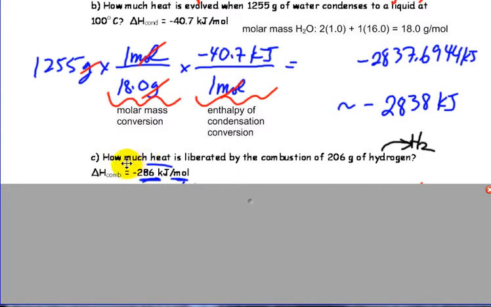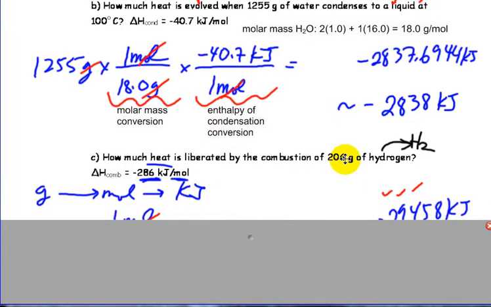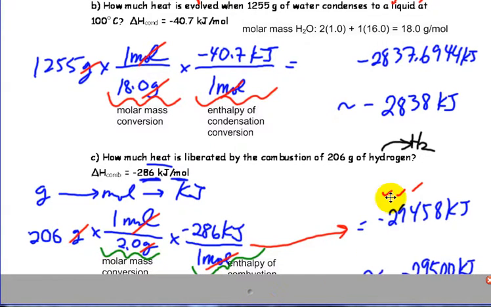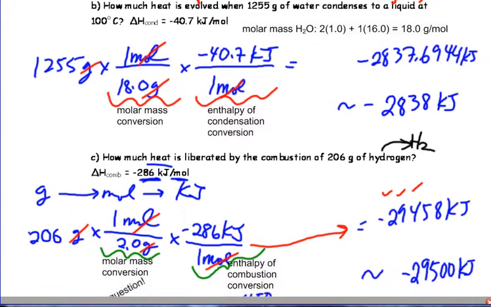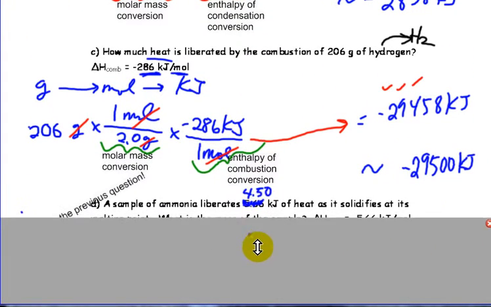That involves the release of heat, so it's exothermic or negative H. So again, grams to moles to kilojoules. The molar mass of hydrogen is actually 2 hydrogens, so 2.0 grams for 1 mole. So we have the molar mass conversion, and then from there multiplied by the enthalpy of combustion, we get negative 29,500 kilojoules.